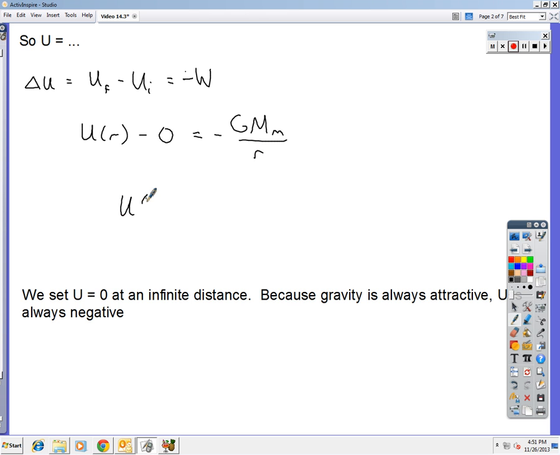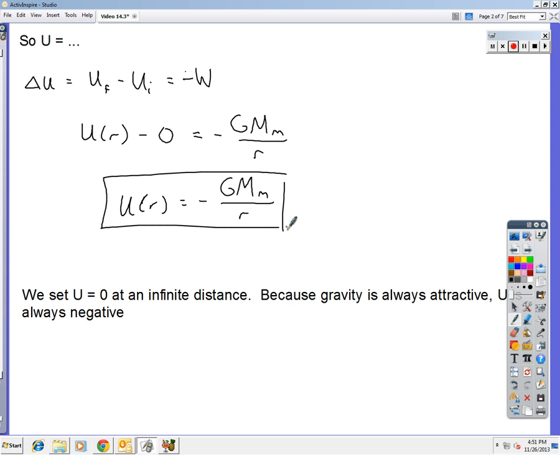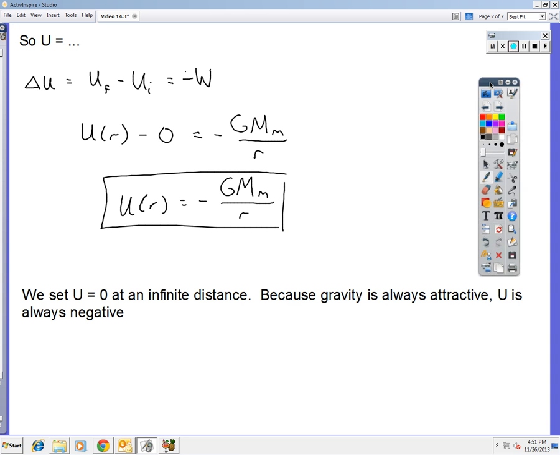And that is an equation that you need to memorize. Negative GMm over r is the energy. And the reason that that is always negative is because gravity is always attractive. Negative energy is associated with attractive forces, positive energy is associated with repulsive forces.